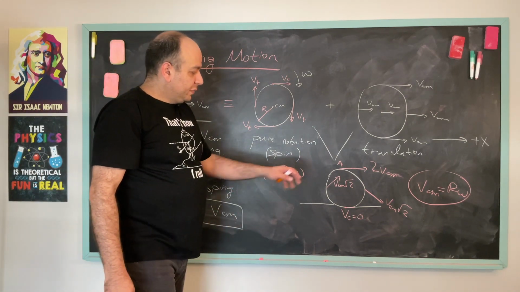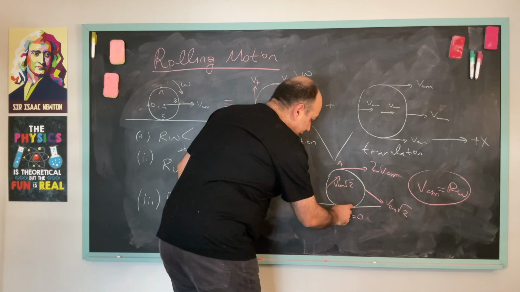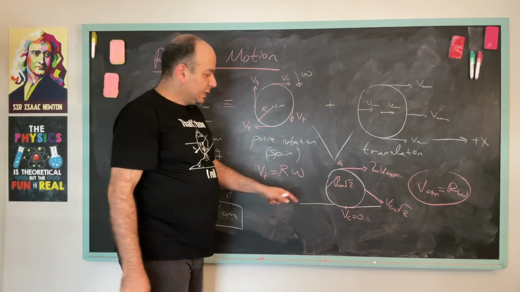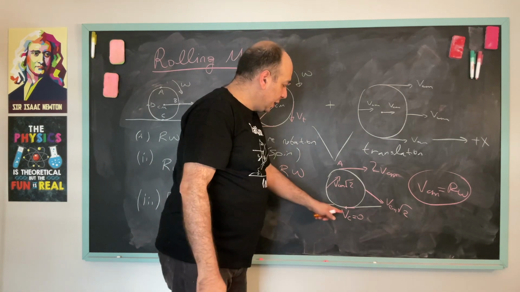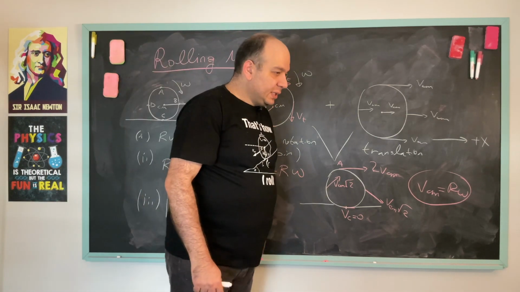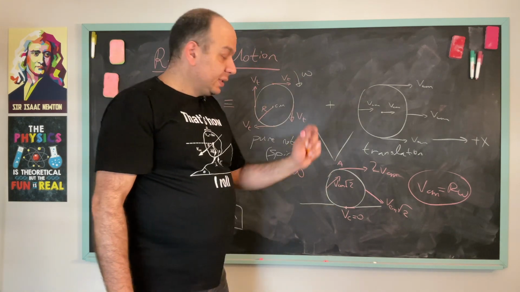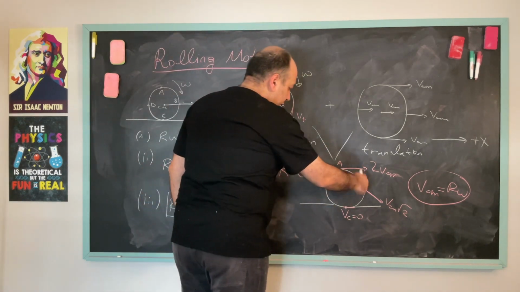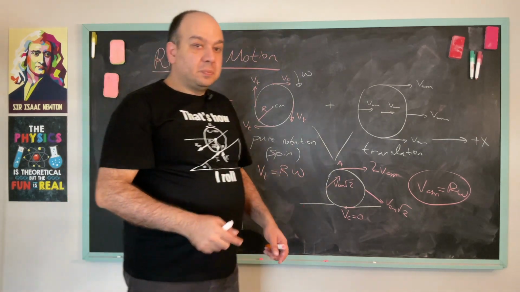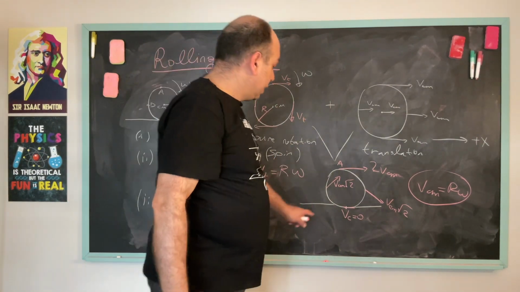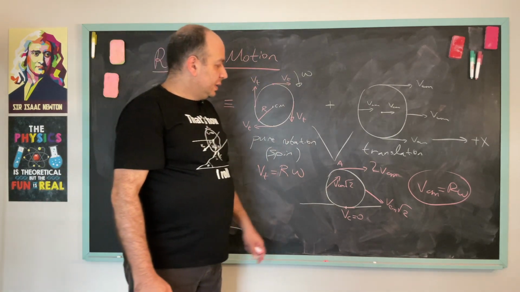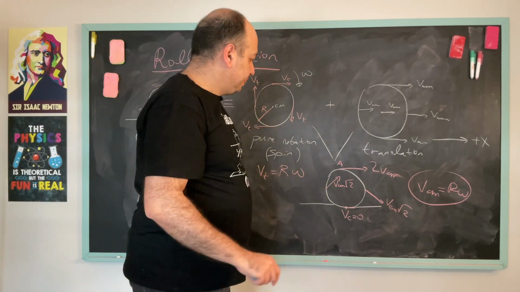In some cases we can think of this rolling motion as a pure rotation about this point C. Okay? Since this point C is now a fixed point, the motion of this object can be thought of as pure rotation about this point C. Okay? And this is going to be clear in a bit.